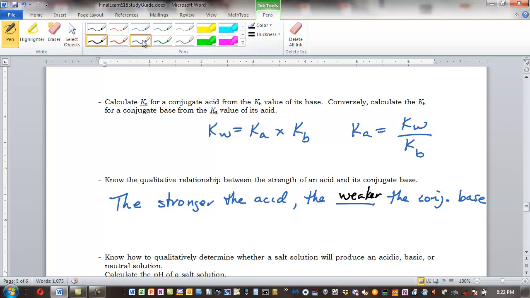Okay, we can restate this another way. We could then go, the weaker the acid, then the conjugate base will be stronger. The weaker the acid, the stronger the conjugate base.